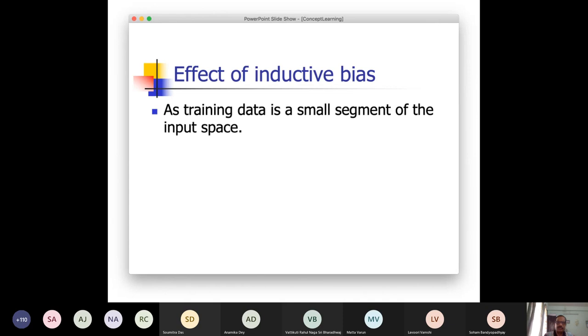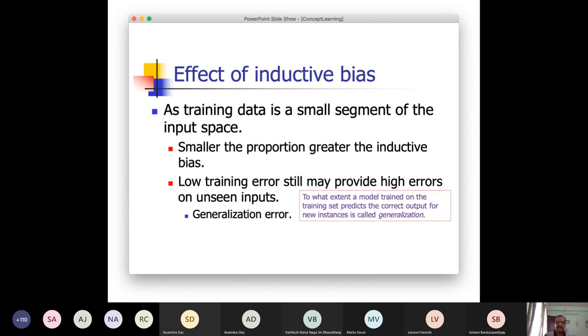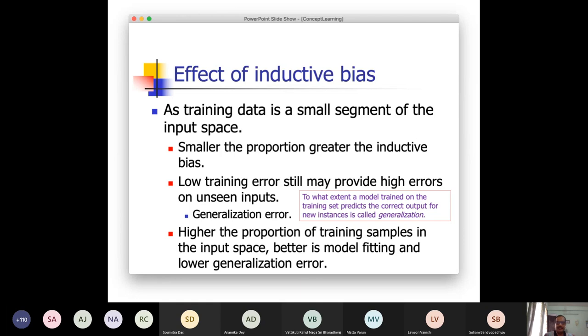So the inductive bias is important. That is what I was telling you: if you have low training error, you can still get high generalization error. To what extent does a model trained on the training set predict the correct output for new instances? That is called generalization.